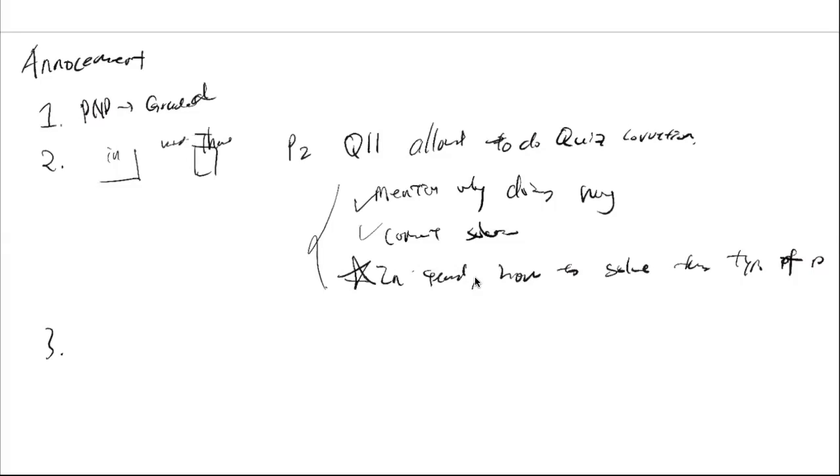I will also provide a quiz correction on quiz 12, or actually, I'll just wait until some of the students ask me if there's a quiz correction. If none of you ask me, I will not do that. But if one of you asks me, I'll probably do the quiz correction.